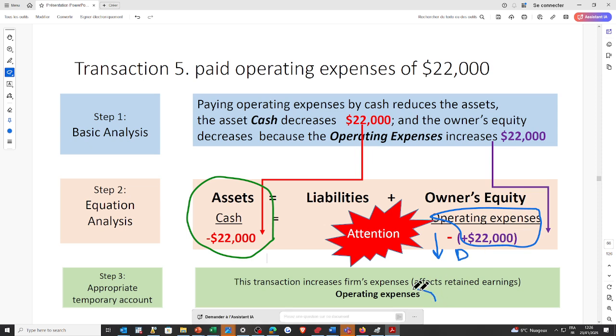So that's the reason why operating expenses affect the retained earnings of the company, right? So remember always, when you increase your expense, you decrease your owner's equity.